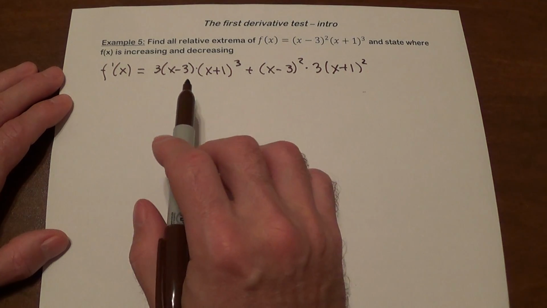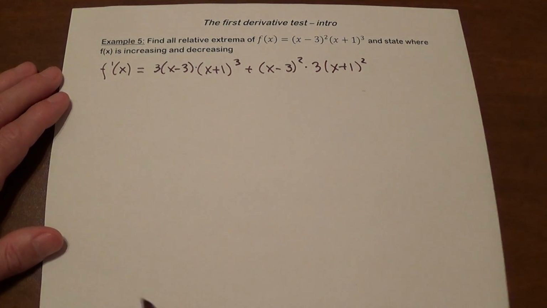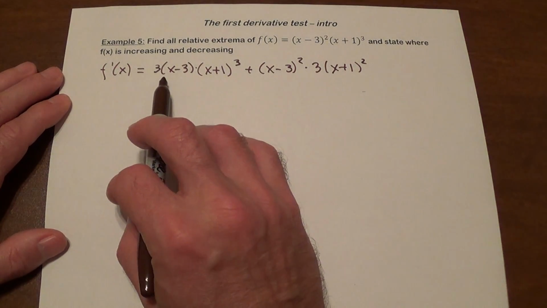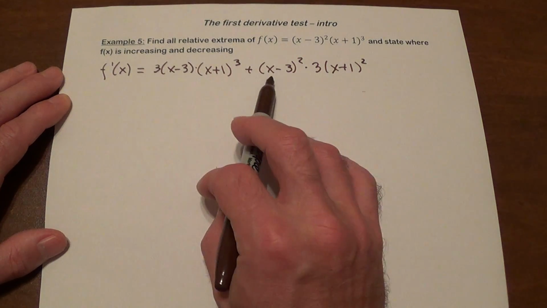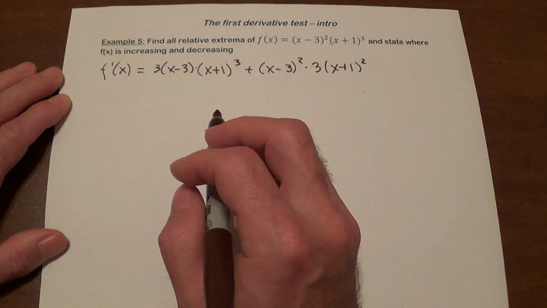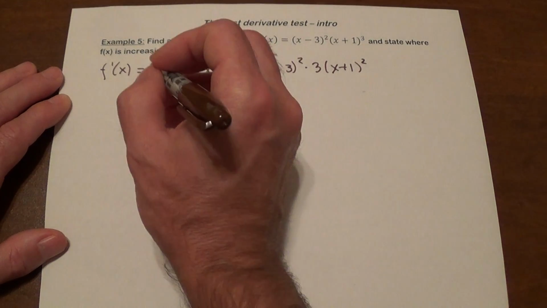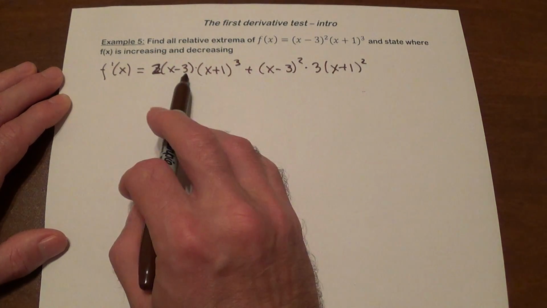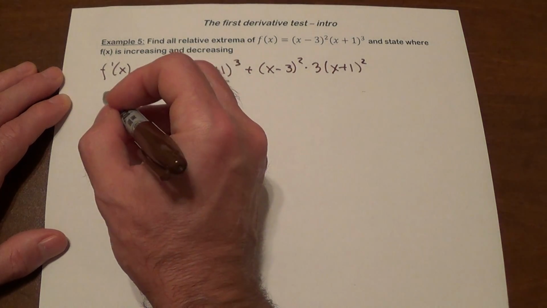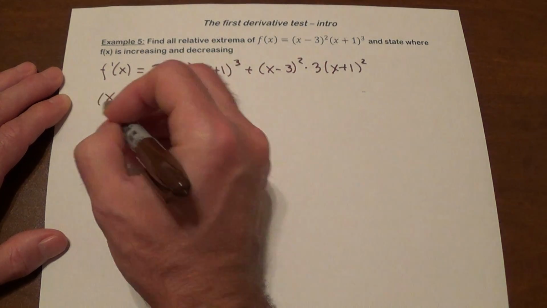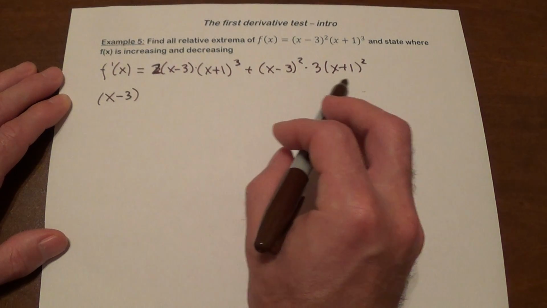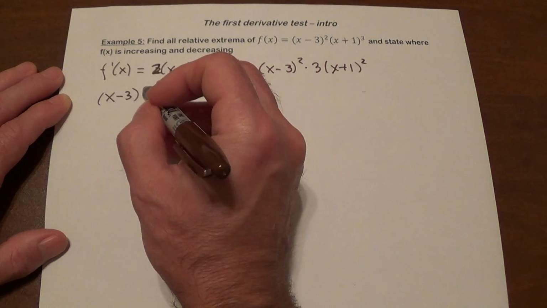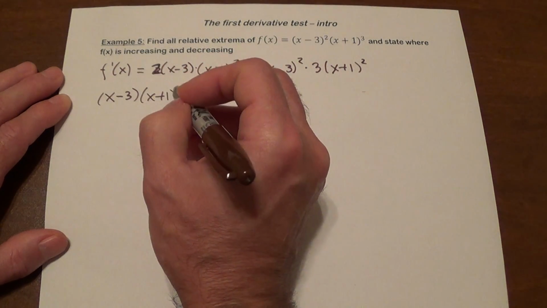Okay, so here's what we need to do here. We're going to look for a greatest common factor. Let's see, we have x minus 3 here and x minus 3 squared. That means I can factor out, I'm sorry, that's going to be 2. Almost made that mistake. X minus 3 and x minus 3 squared, I can factor out x minus 3. I also have x plus 1 cubed and x plus 1 squared, so I can factor out x plus 1 squared.